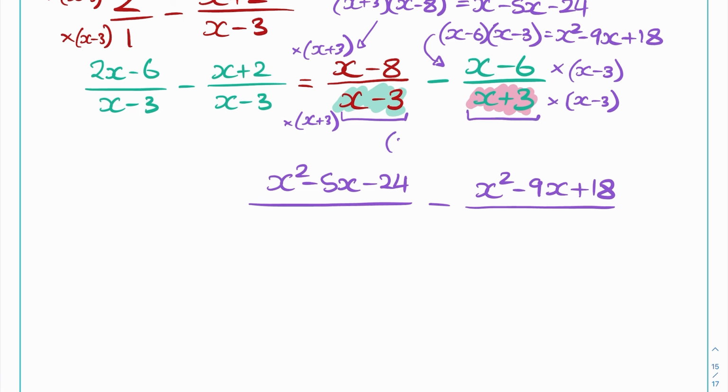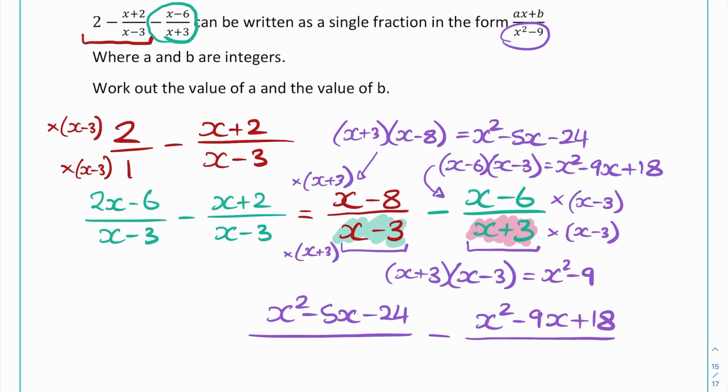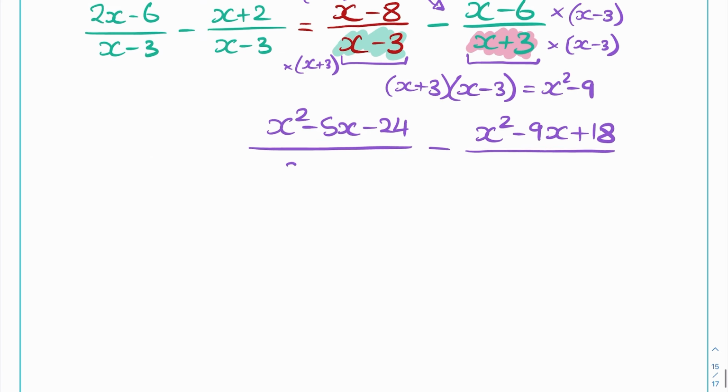And that's a really nice one to expand, x plus 3 and x minus 3. As the middle two terms cancel out, you just end up with x squared minus 9, which is perfect because that's what it wanted in the question. So we've got our common denominator. As long as we have expanded those brackets on the numerators correctly, this should all fit together perfectly.